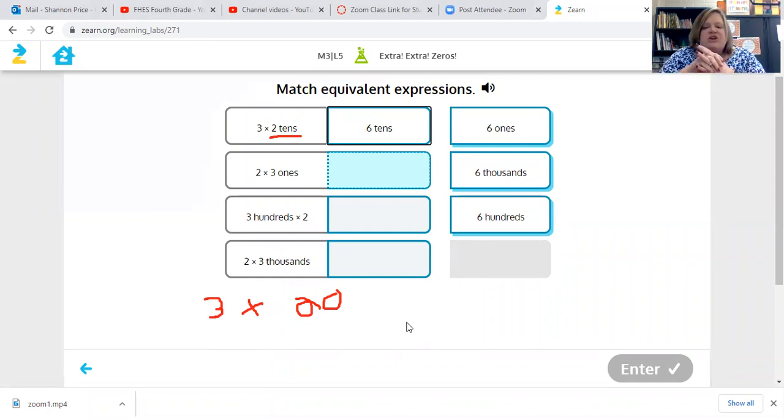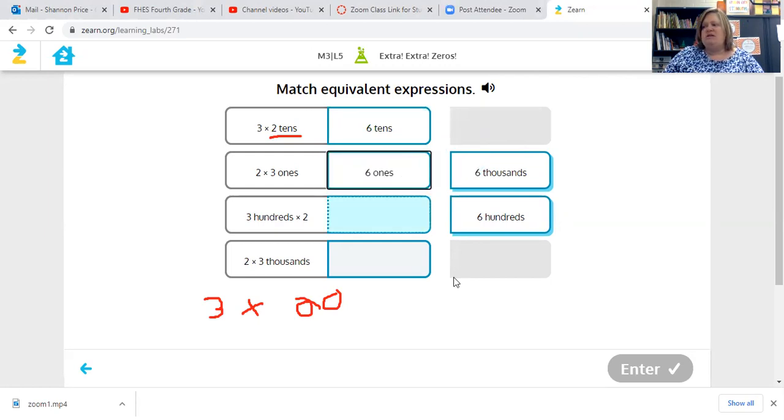So now we're looking at 2 times 3 ones. We're just talking about 2 groups of 3 ones. So 2 times 3 would be 6 ones. That was pretty easy. Now let's talk about 300s times 2. If you've gotten into the rhythm of what we're doing here, if it says hundreds, then we're keeping it hundreds.